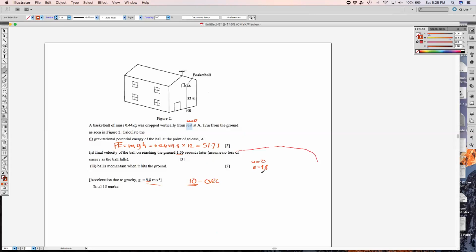We know the time is 1.56. And they're asking us to find the velocity when it hits the ground. We have to use this information to select one of the equations of motion. And the best equation to use would be v is equal to u plus at.